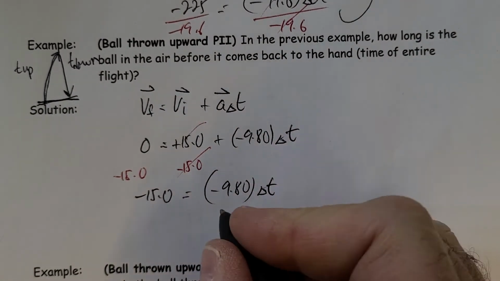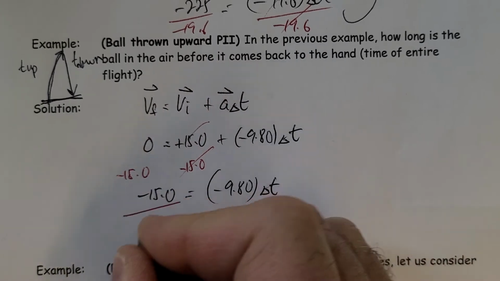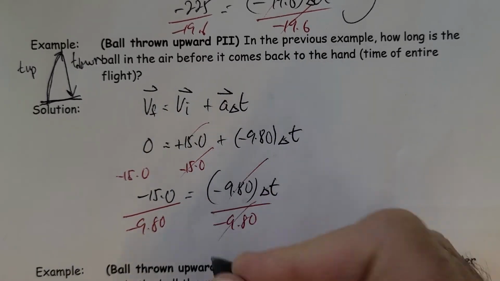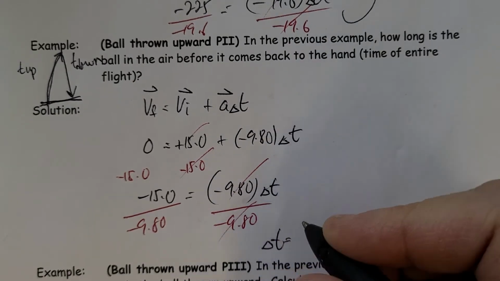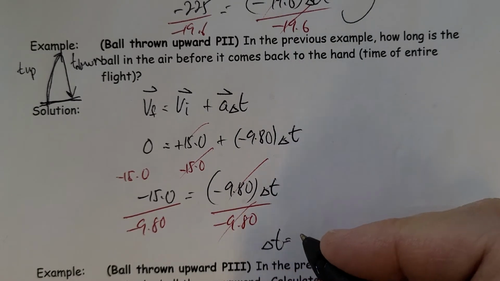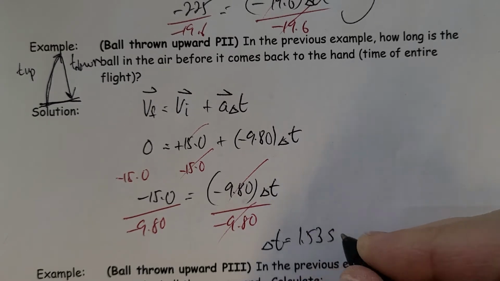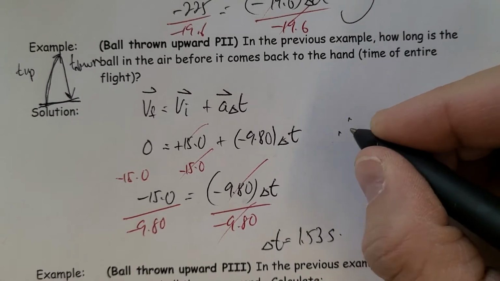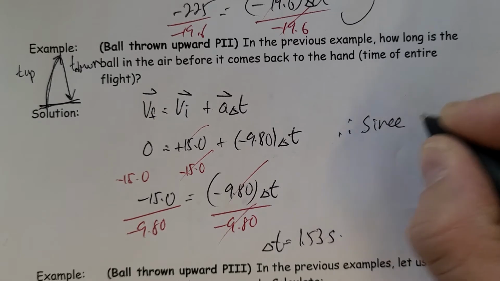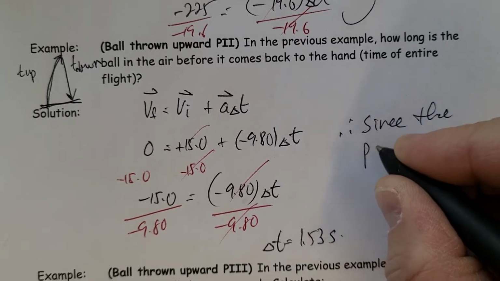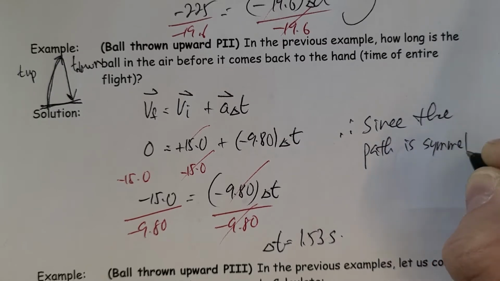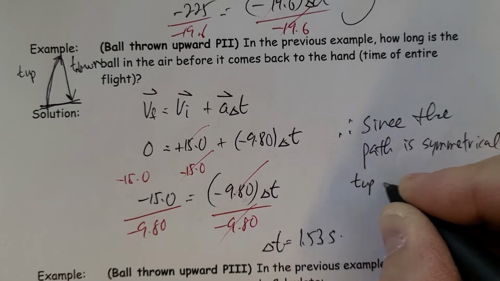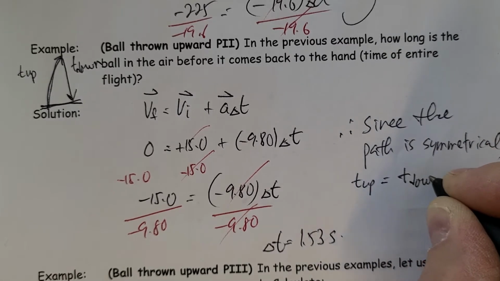And then divide by negative 9.8. And my t is equal to, what do I get there? I think 1.53 seconds. Now therefore, since the path is symmetrical, T up equals T down.